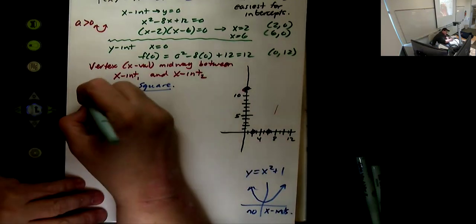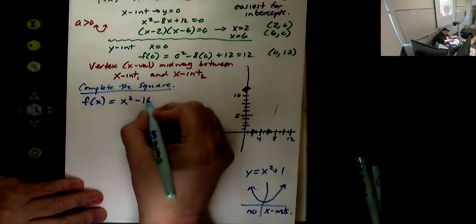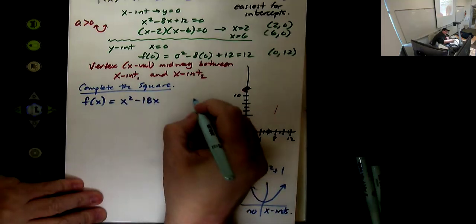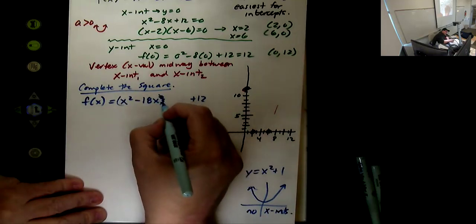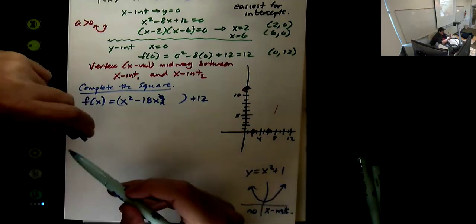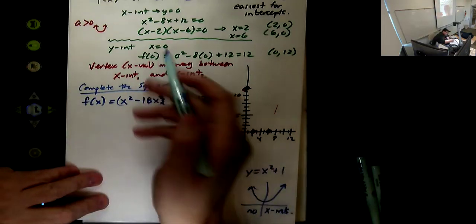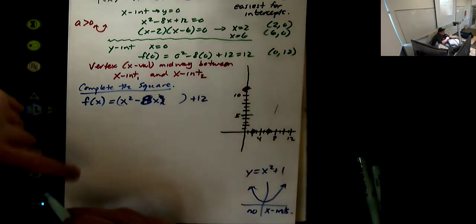What I'm going to do is leave a gap, but I'm not going to move the 12 to the other side. Oh, I didn't leave a gap. It's 8x, not negative 18. Thank you. That was really going to change the problem.